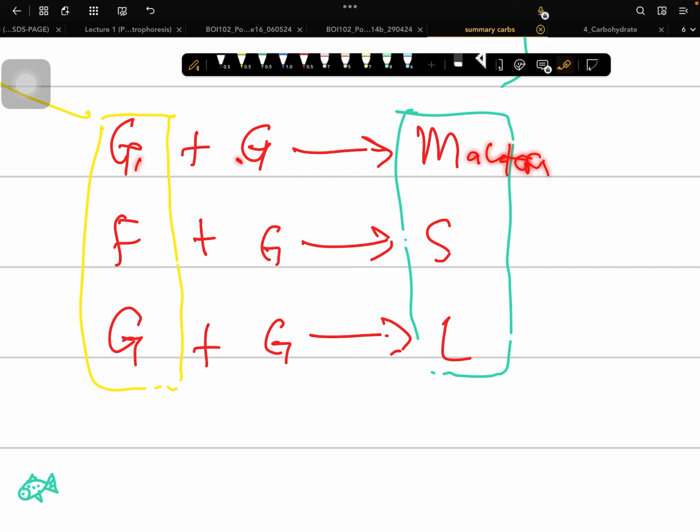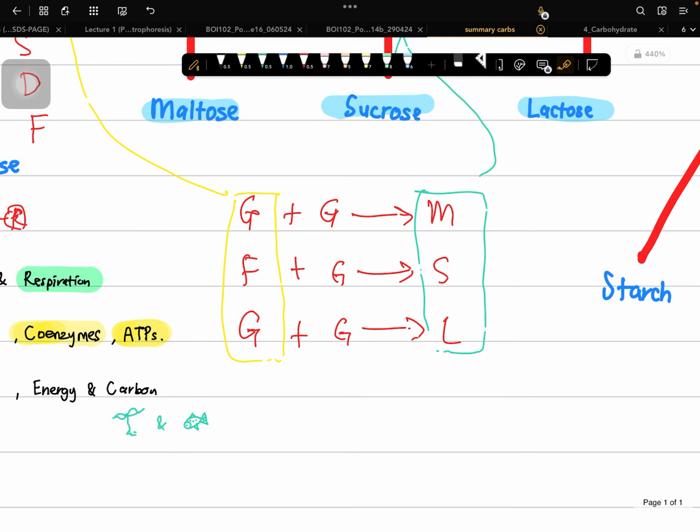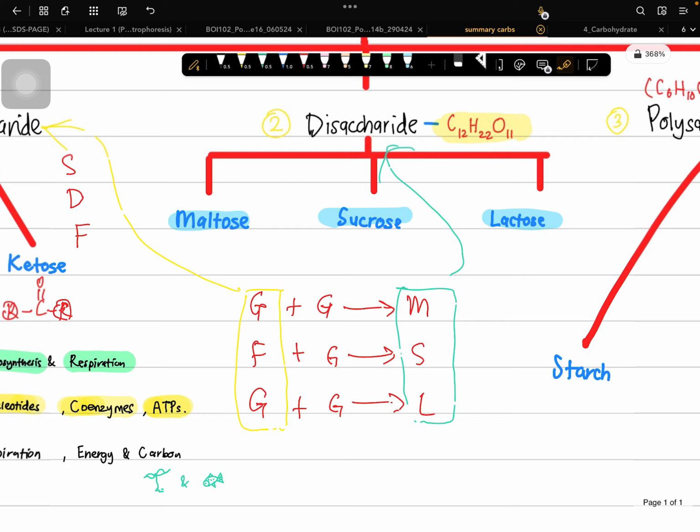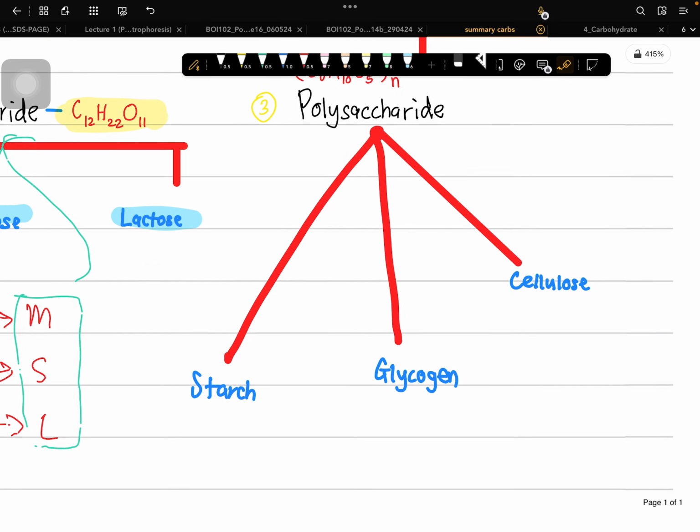The second one is fructose plus glucose, and you get sucrose. And the last one is glucose plus galactose, and you get lactose. So that's an easy way for you to remember monosaccharides and disaccharides at the same time.